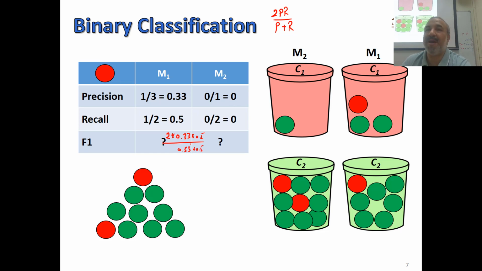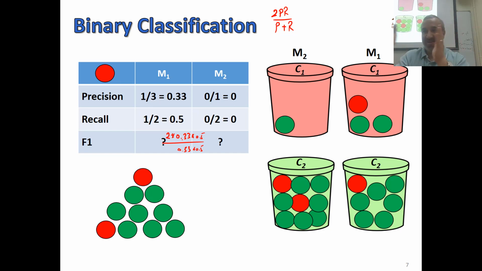What do we expect before we actually compute it? What do you expect the value to be like, even without looking at the numbers at all? It's always between 0 and 1. Yes. But knowing that the precision is 0.33 and the recall is 0.5, it will of course be between them.